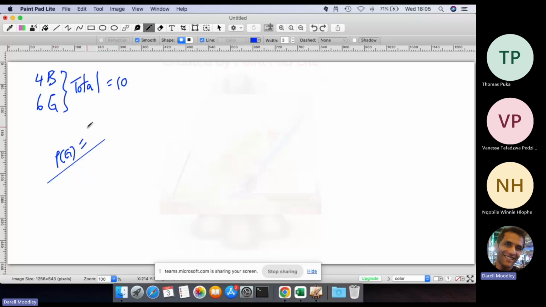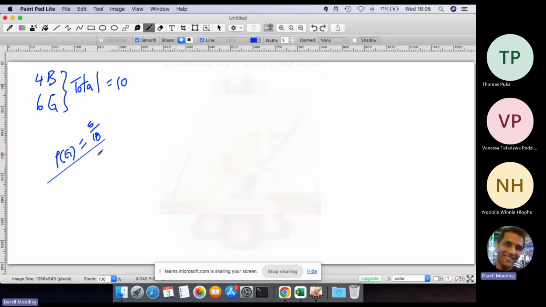So the chance of having a green marble would be 6 out of 10. I'm not going to simplify it now; I'll simplify it later. Everyone should understand how the probability for drawing a green marble initially is 6 out of 10. We did this last week. Remember, it's the number of possibilities of event A over all possible events, and in our case, event A is drawing a green marble.